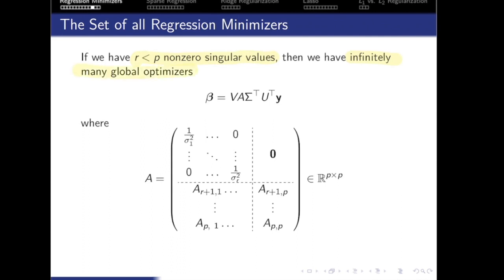So we get one solution for any matrix A, where A is defined as it is given here. Here we have the invertible part of our singular value matrix, and here we have a random part. So this is a random matrix, and for any random matrix you insert here, you get another beta.